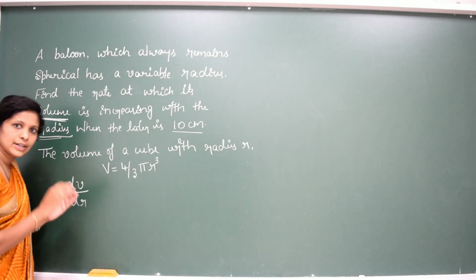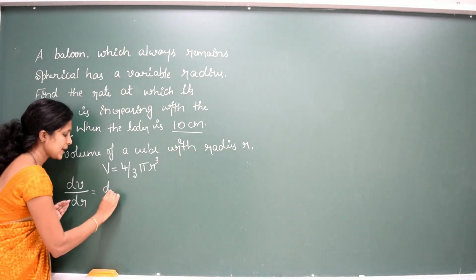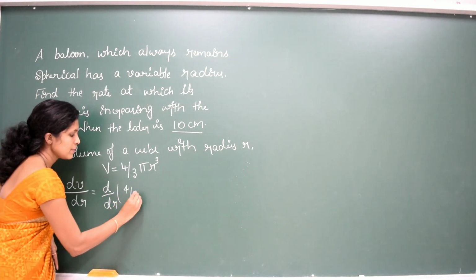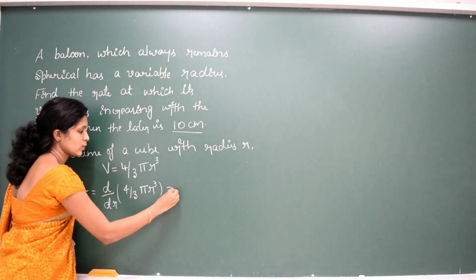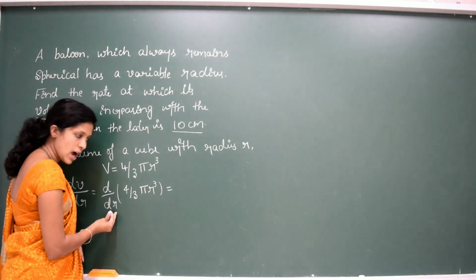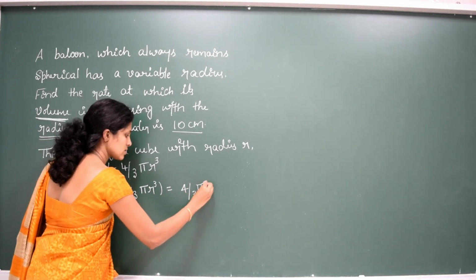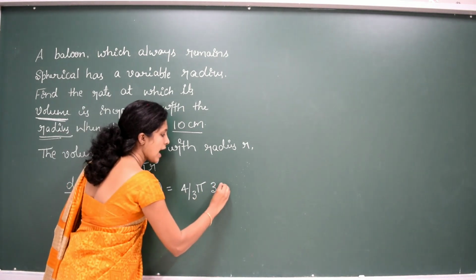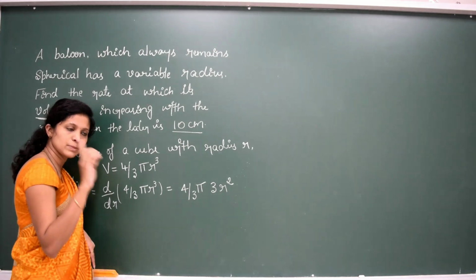Is it clear? Rate of change of volume with respect to the radius is equal to d by dr of, what is the volume? 4 by 3 pi r cube. Now this is equal to, differentiate with respect to r. So this is 4 by 3 into pi is constant and derivative of r cube will be 3 r square, and you are differentiating with respect to r, so the derivative of r will be 1.